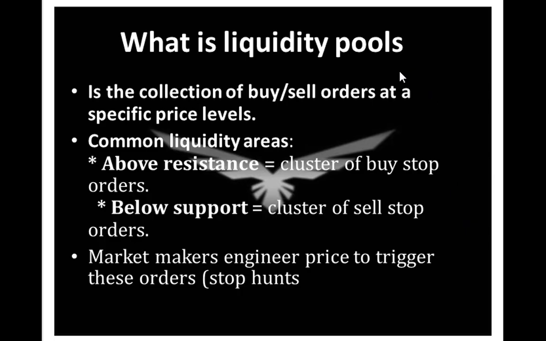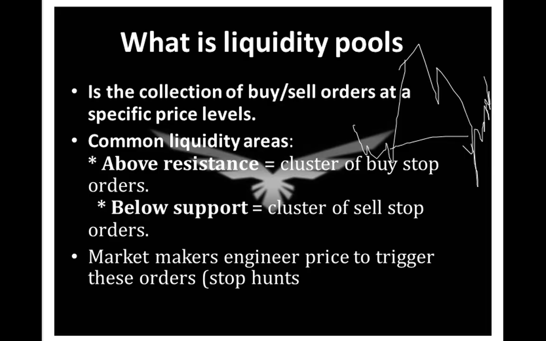Let's imagine the market is going high, and then a stop loss hunt will come and take away the sell stop that was here. So it will come down, take away the sell stop, then move on higher. This is what the market maker normally does. These are characteristics of the market makers.